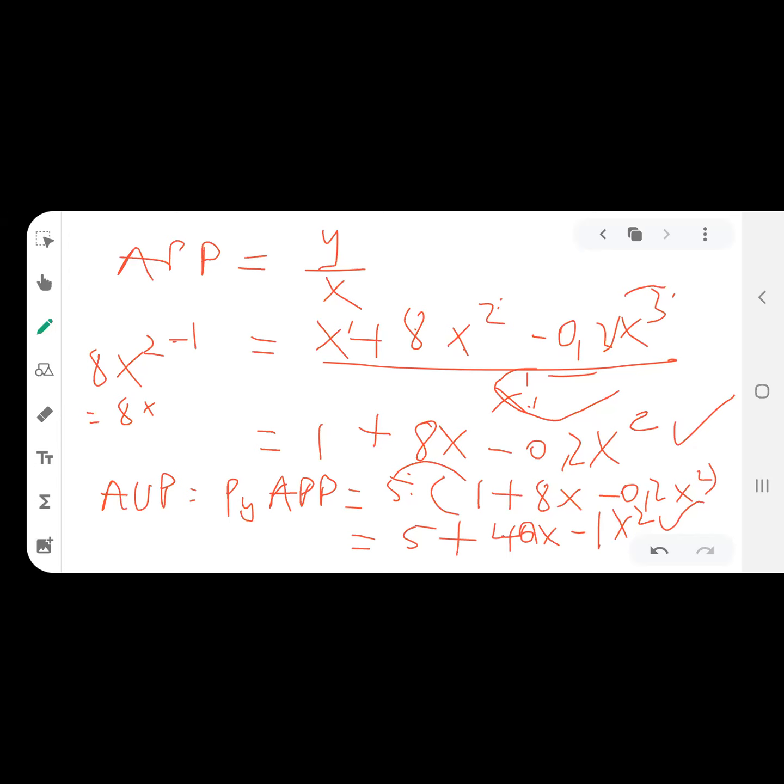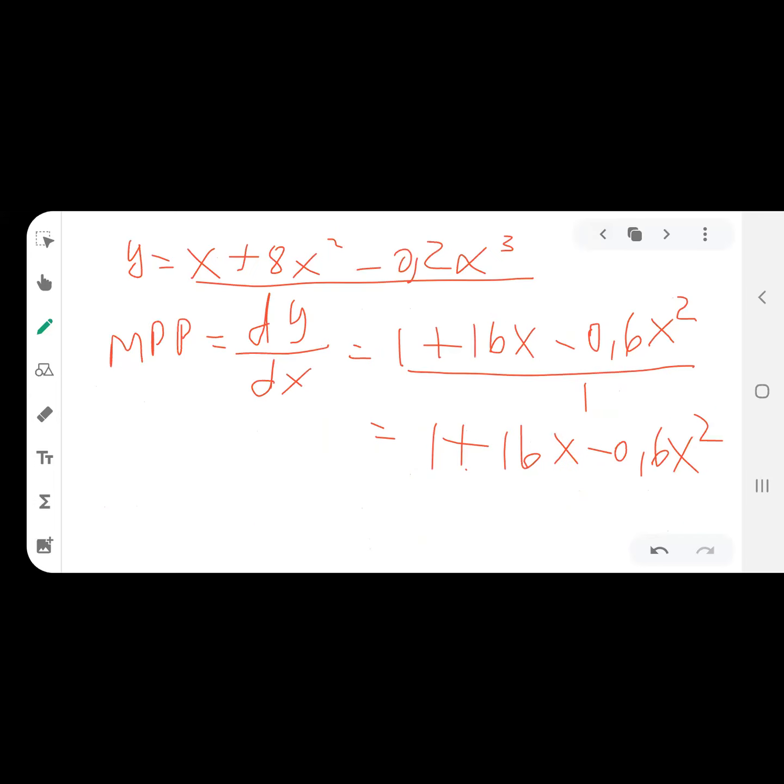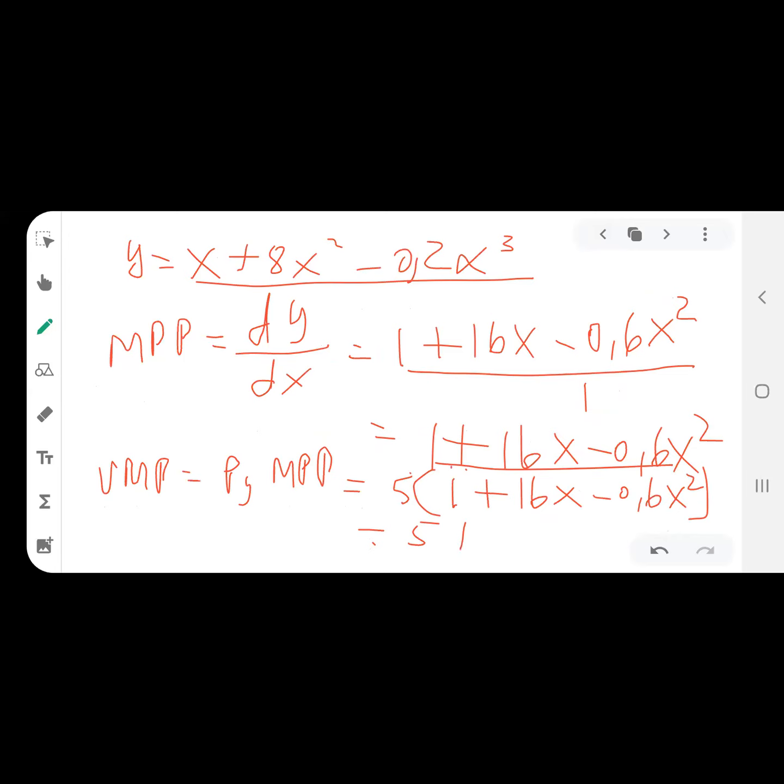Okay. So remember, we now derive the VMP. VMP equals PY times MPP. You have PY, which is 5. You also have your MPP, which is this one: 1 plus 16x minus 0.6x squared. And then 5 times 1 is 5, plus 5 times 16. What is the answer?